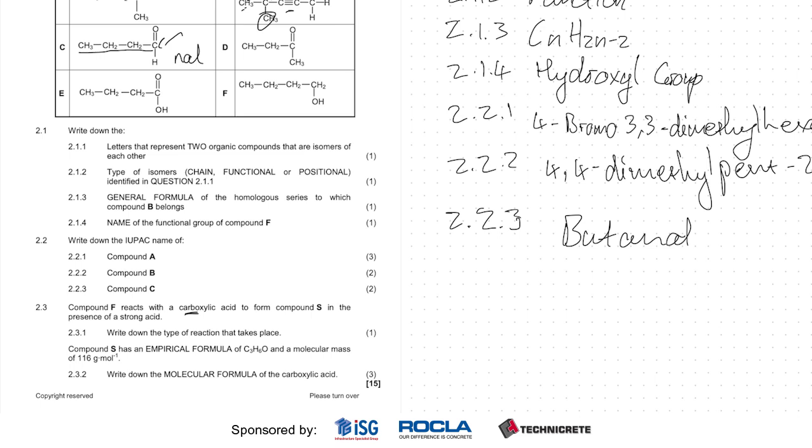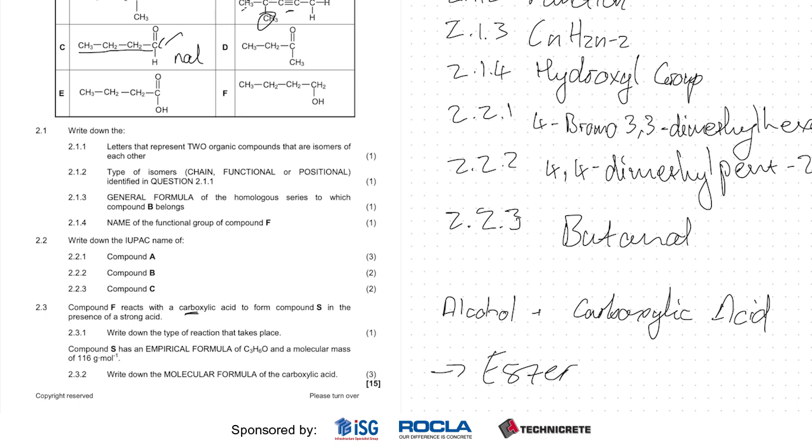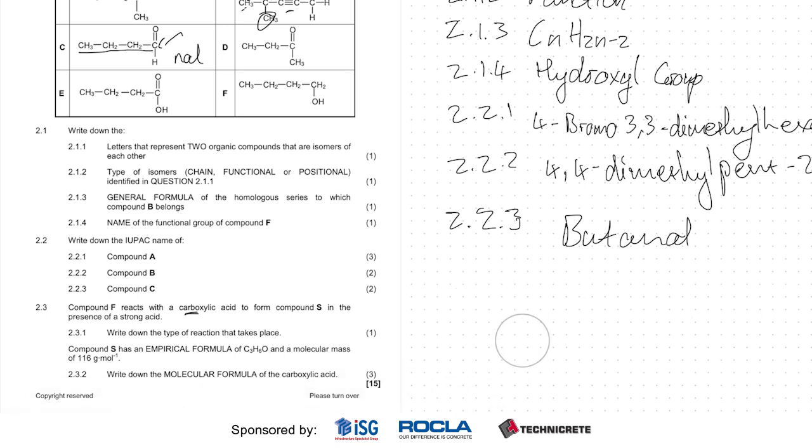It is esterification, because an alcohol plus carboxylic acid is going to give us an ester. So we know that our reaction is an esterification reaction or a condensation reaction. That is also acceptable, but more specifically, esterification reaction.